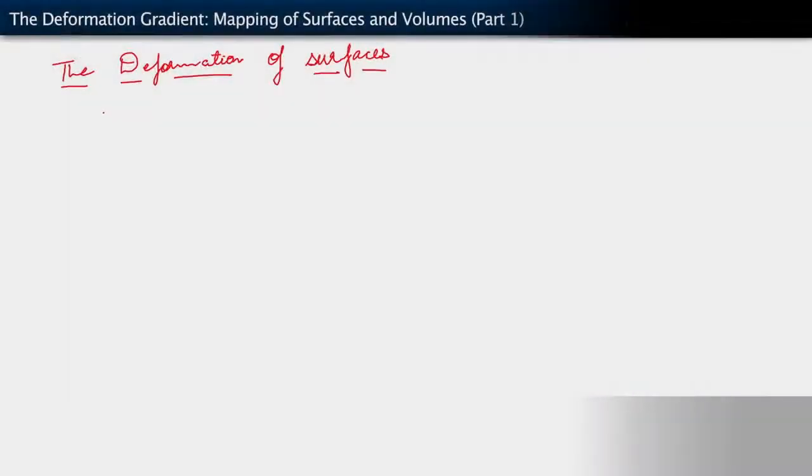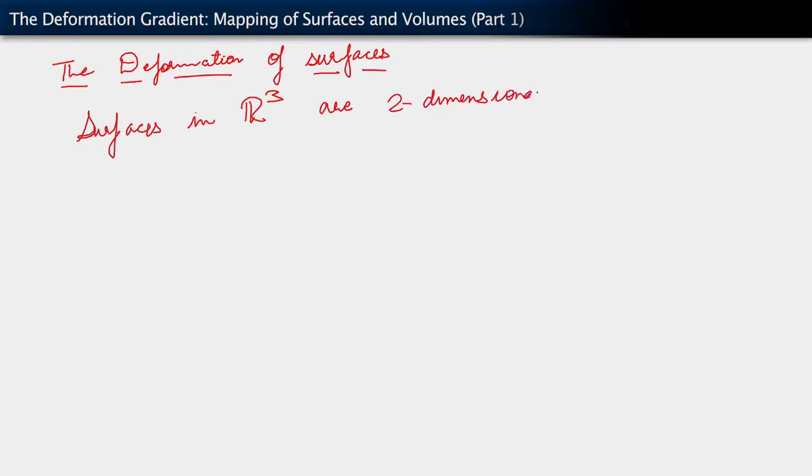Okay, so in order to talk about this, we'll first observe that surfaces in three-dimensional space are what are sometimes called two-dimensional manifolds, right?